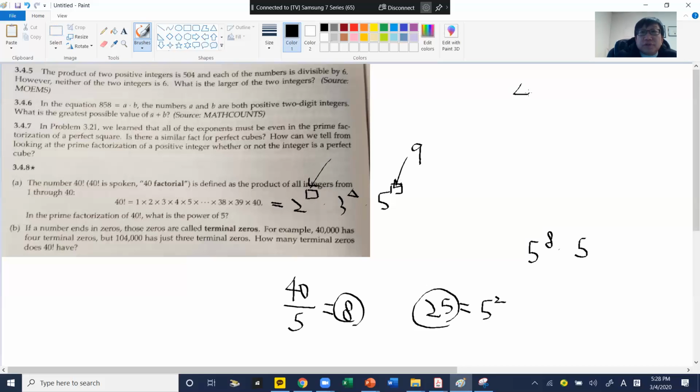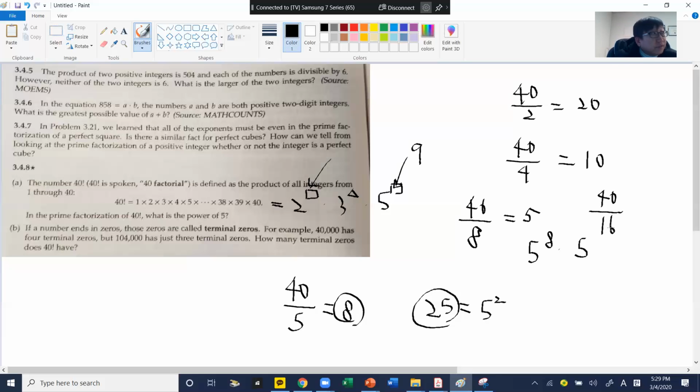How about the power of 2? That time you can first think 40 divided by 2, so 20. There are 20 even numbers, right? And also you divide by 4, so you get 10, right? And also you have to divide by 8, 2 cubed. The multiples of 8 have 1 more 2, right? That is 5. And 16, which is 2 to the 4th power, 1 more 2, right?